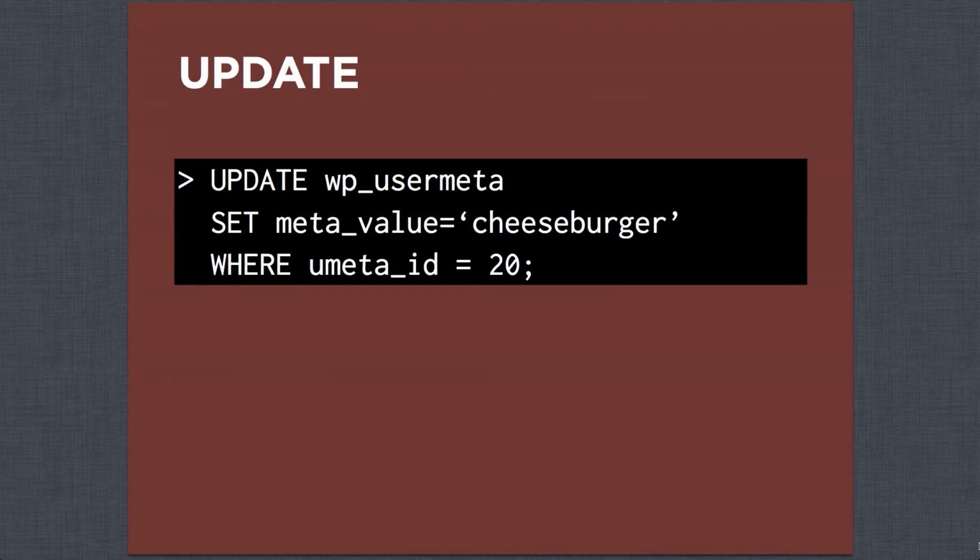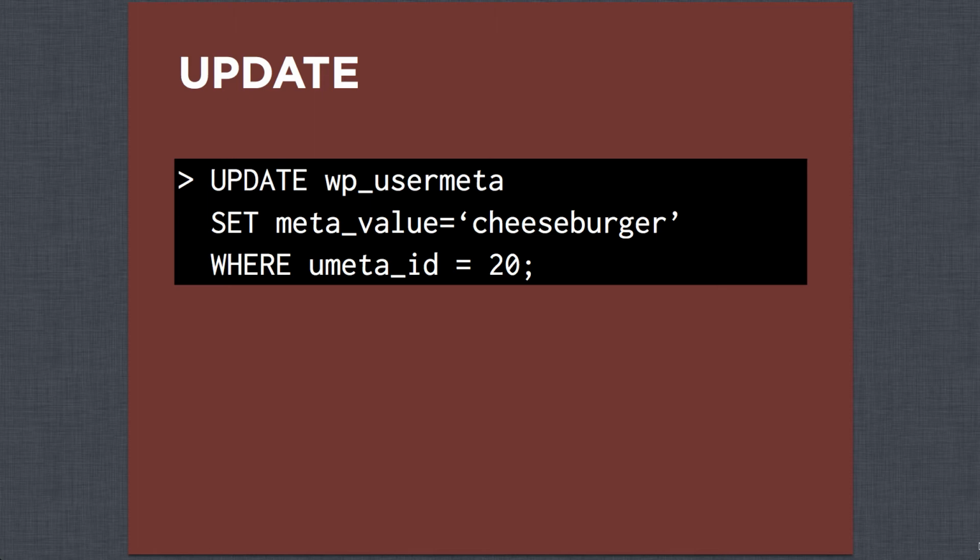So again, like insert, update is changing data on the database, except there's already something to update. We've already inserted a row into our database in order to use this. So we have update WordPress user meta. So we're going to update the user meta table, and we're going to set this particular column to this particular bit of information, in our case, cheeseburger.